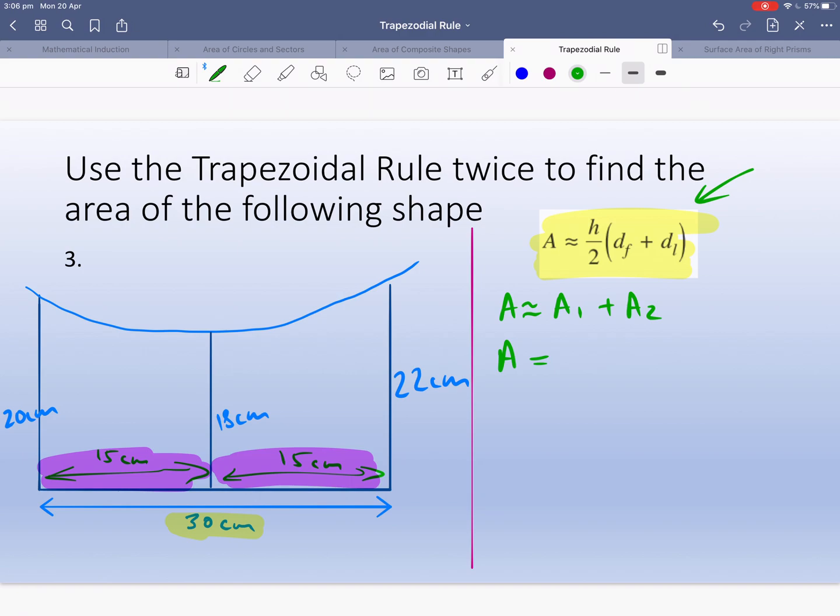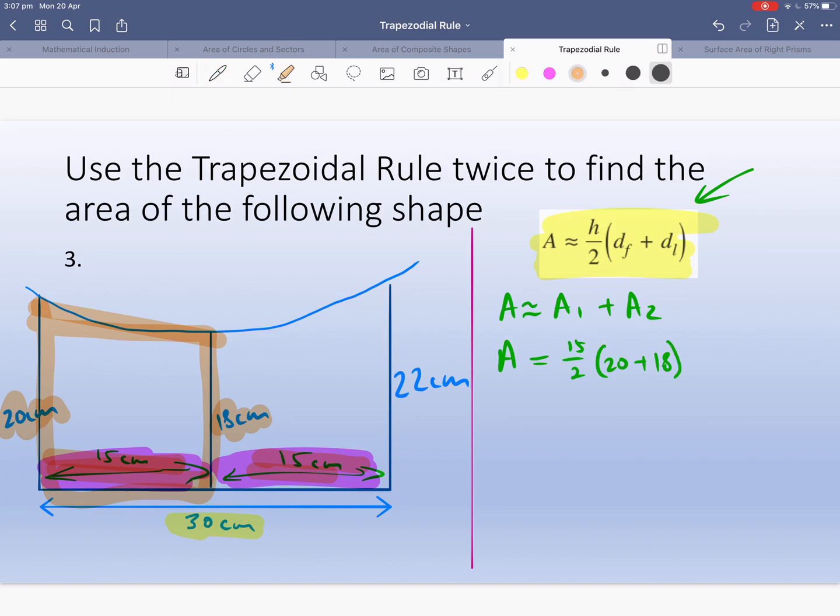It's going to be the thing that goes across most of the time. So it will be the 15. So it's going to be 15 over 2. What's our first function value here? That's 20. Plus, what's our last function value of this first trapezoidal here? It's this, 18. So we'll put 18. And now we close it.